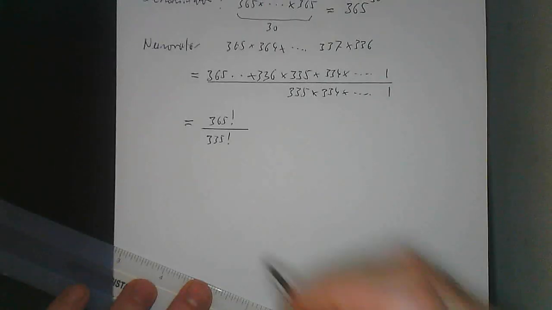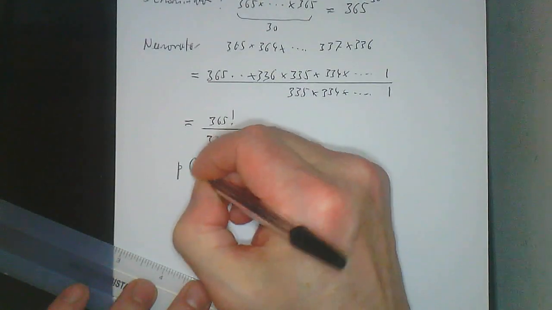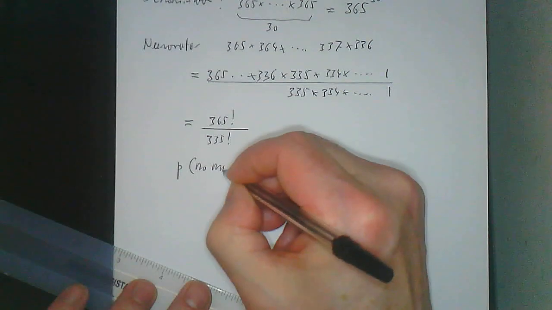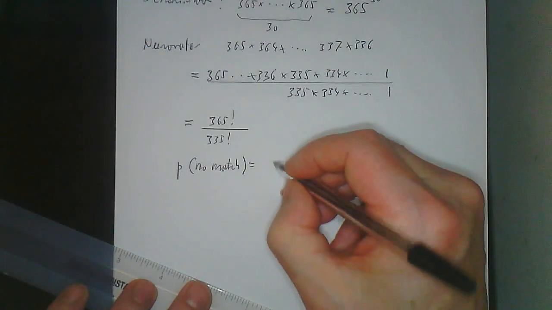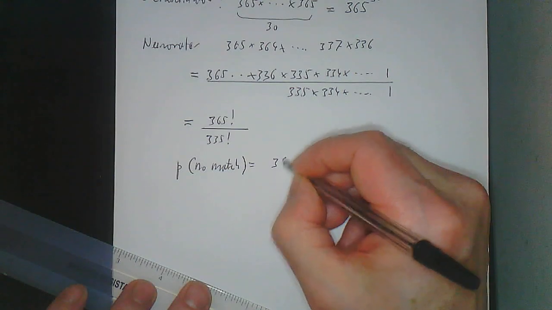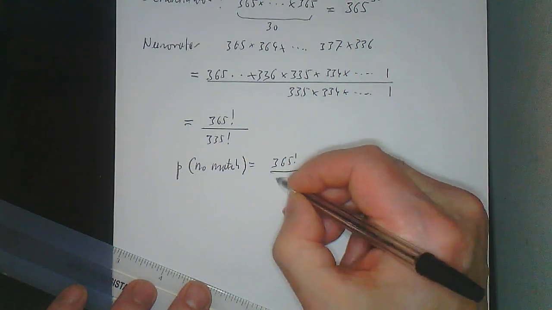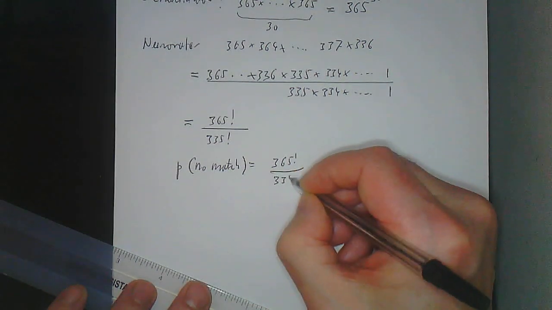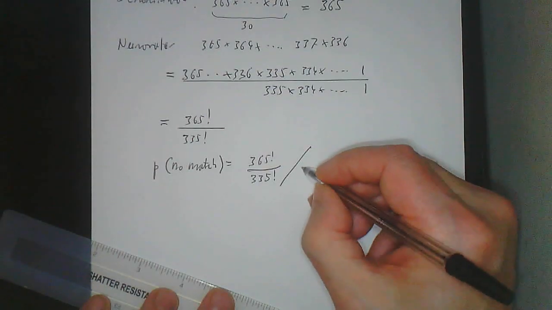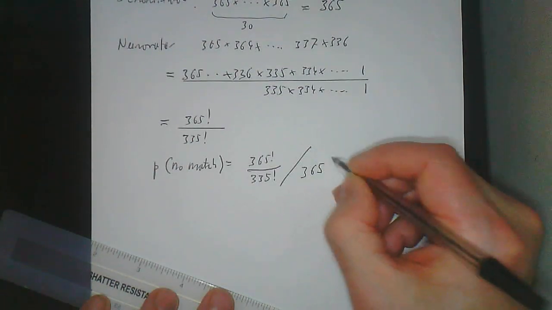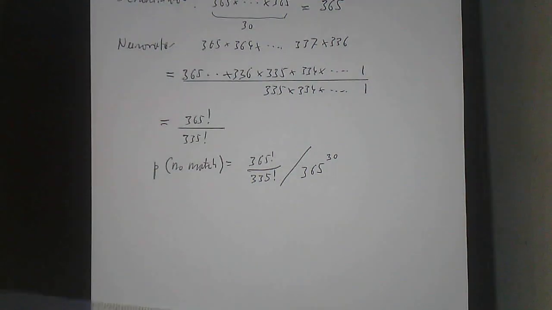So the probability of no match equals 365 factorial over 335 factorial, and then in the denominator, we've just got 365 to the power 30.